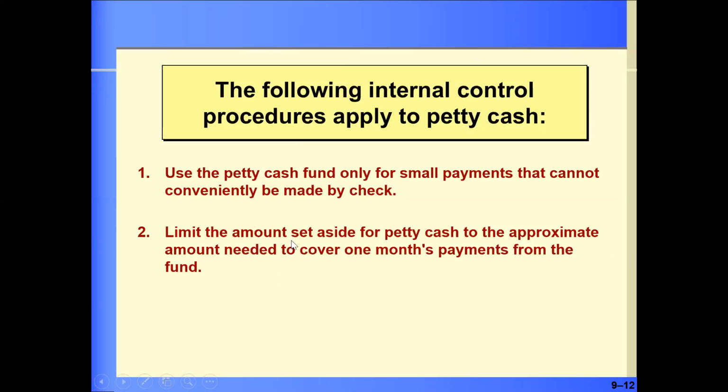Okay, so now we need to limit the amount set aside for petty cash to the approximate amount needed to cover one month's payments. So you don't have someone responsible for $1,000 in the petty cash fund if on a month-by-month basis you only use $150.